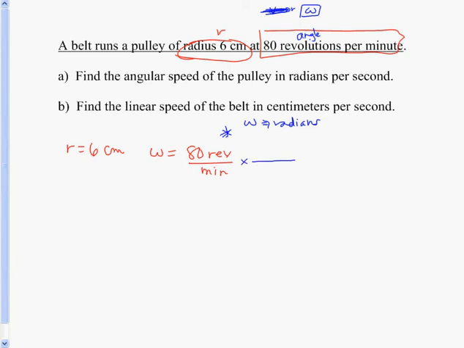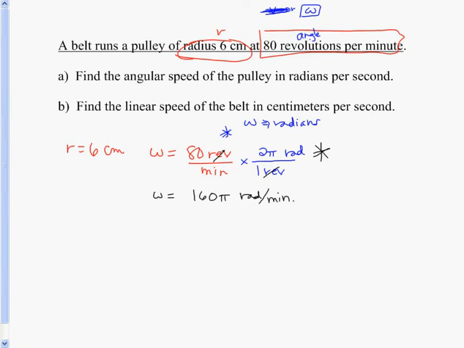You know how to do this. 1 revolution, a complete romp around the circle, is 2 pi radians. So what I have is my angular velocity is actually 160 pi radians per minute. Okay, so I just made this change so I would know I would be using the right stuff when I got ready to go. Okay, so first question, I've labeled everything out.